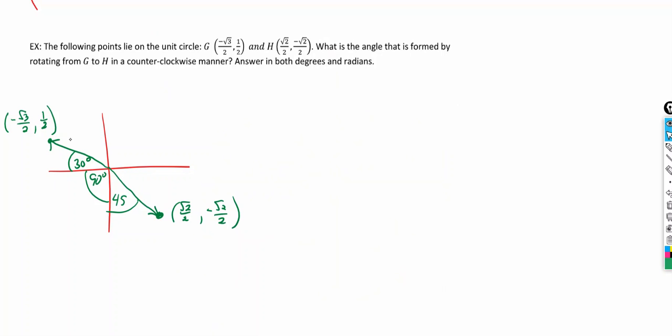So if we're going from point G to point H counterclockwise, just this way, then that would just be 30 degrees plus 90 degrees plus 45 degrees. So this is going to be equal to 165 degrees.